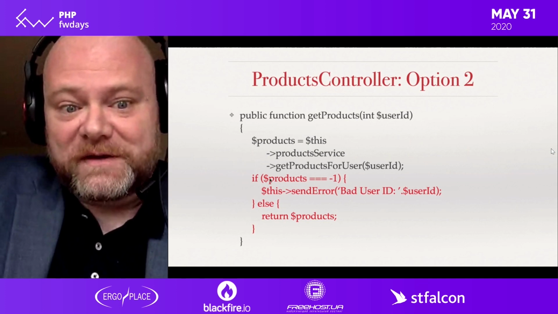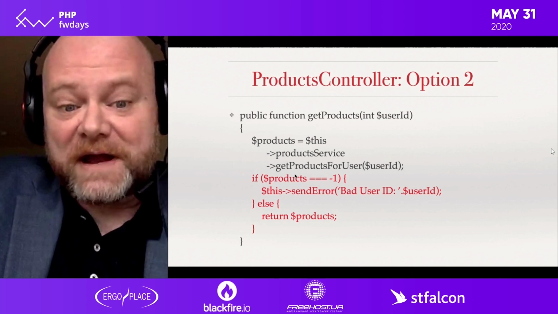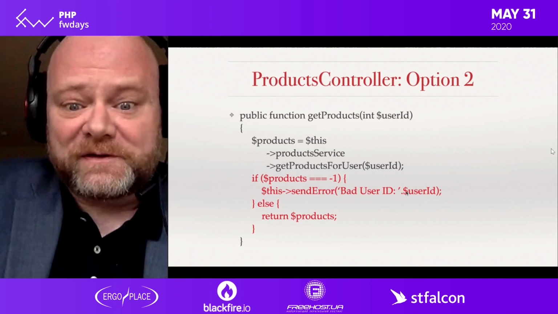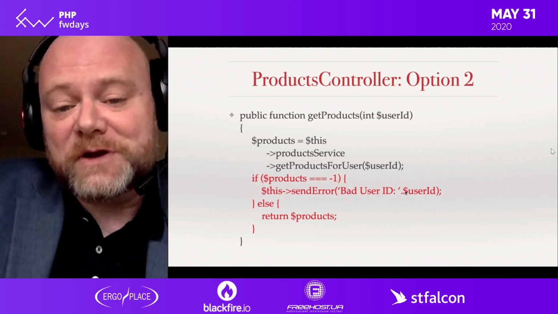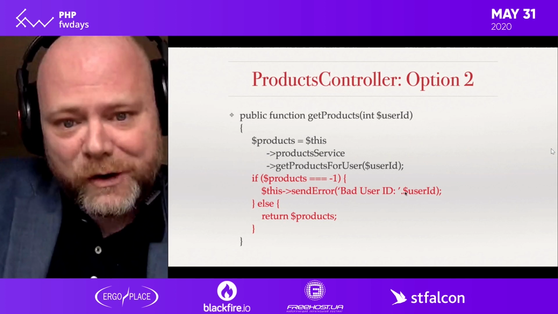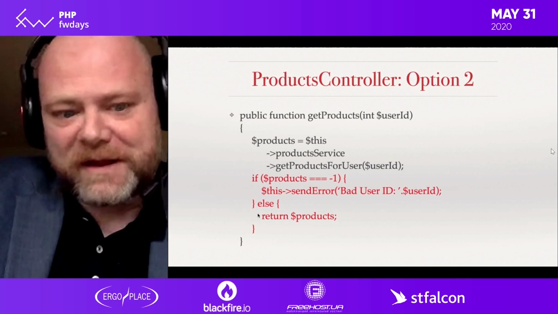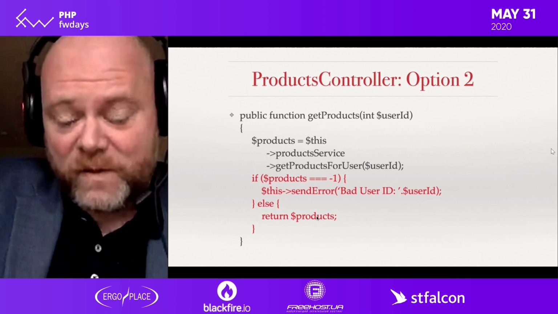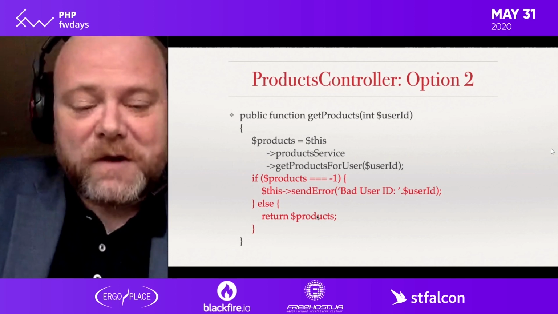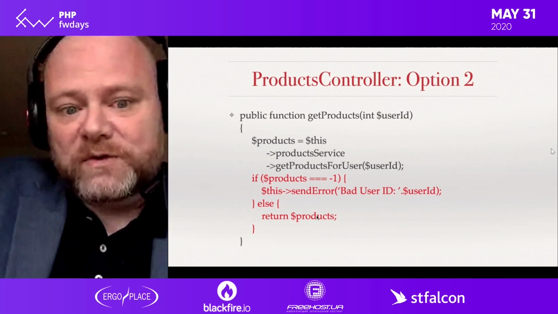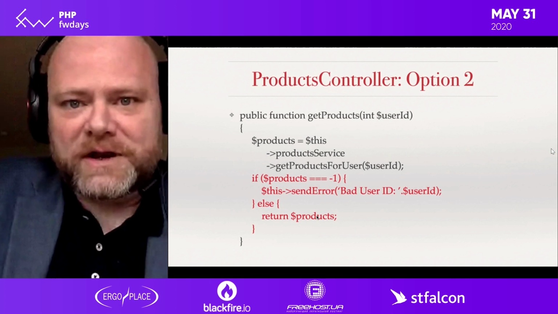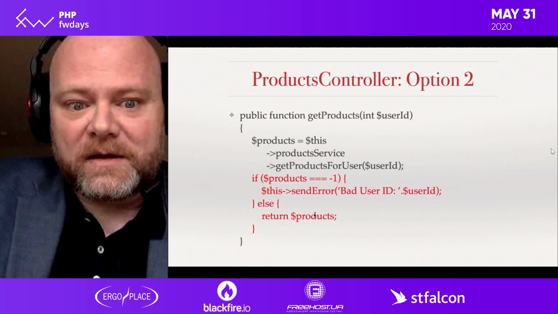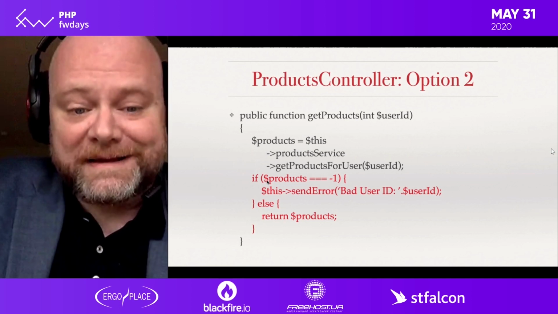We see if the product value is -1, and then we send an error to the end user saying bad user ID, right? So at least we're handling this error condition. That's something. Else we're going to return the array of products if everything went all right. So that's kind of how you typically handle error conditions when you're not using exceptions.